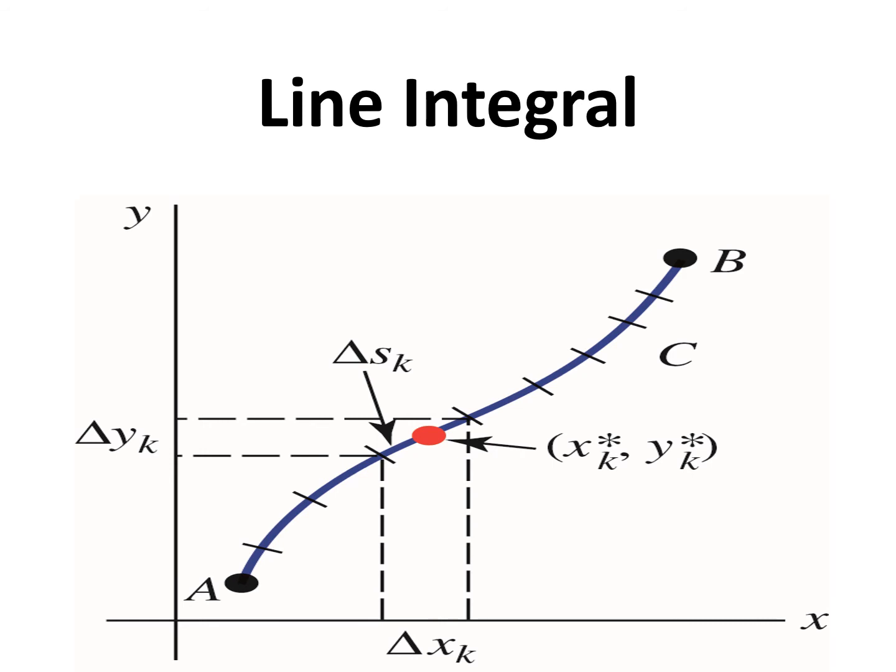On such a domain we have to calculate the integral. That integral will give us the total work done of the particle moving from A to B. So it is very useful to calculate the work done of particles in different fields.